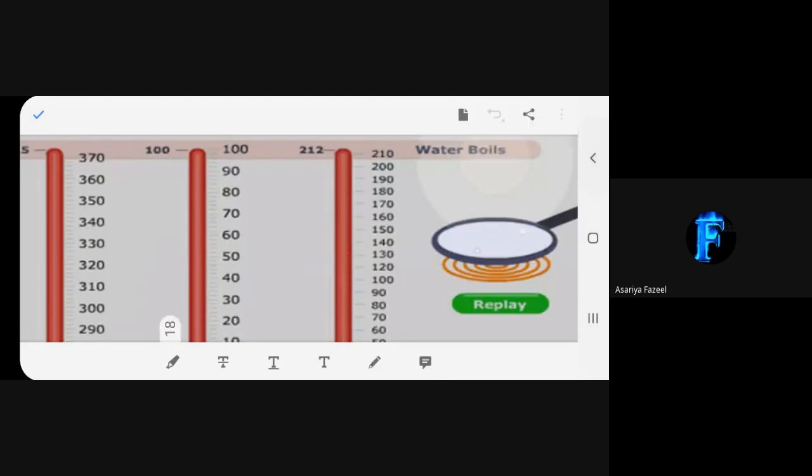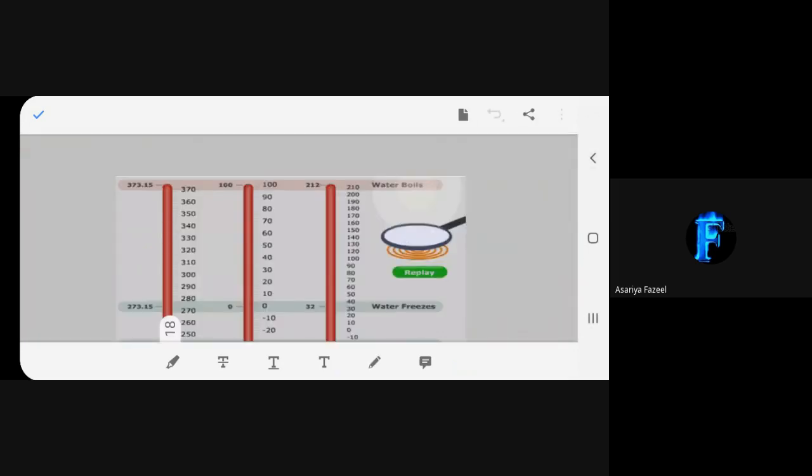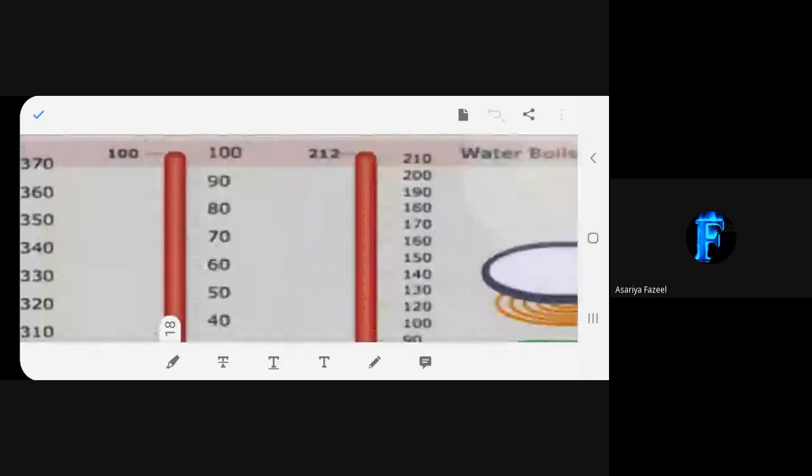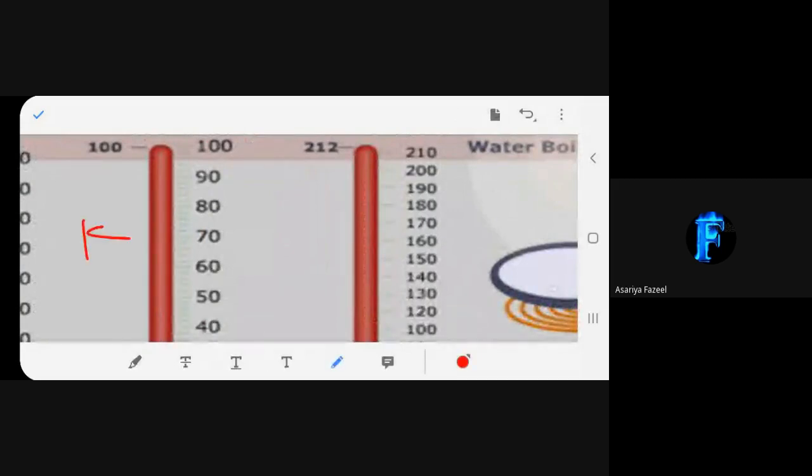In Kelvin, it is 273.15 to 373.15. Is it clear? So I've shown you all the comparison between Celsius, Fahrenheit, and Kelvin scale.